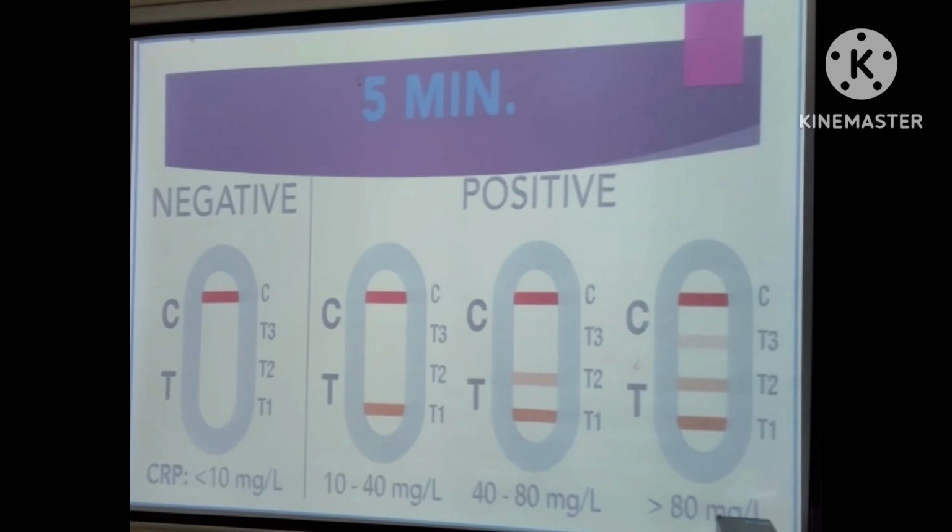The C indicates the control line, which means that the test is valid. The 3 test lines T1, T2 and T3 indicate intensity, and the number of lines depends on CRP levels in blood. A negative result means that only the control line is visible and its value is less than 10 mg per liter.